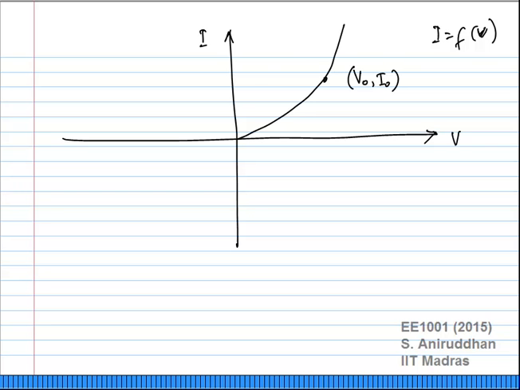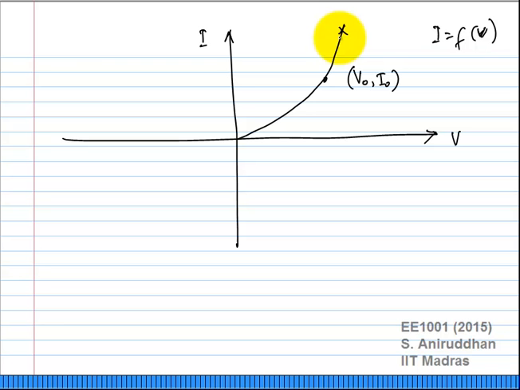I can find out other values using just the derivatives and one particular set of values V0 comma I0. That is the basic idea of Taylor series. Once I know V0, I0, I can actually find out any other point on the curve using the Taylor series.